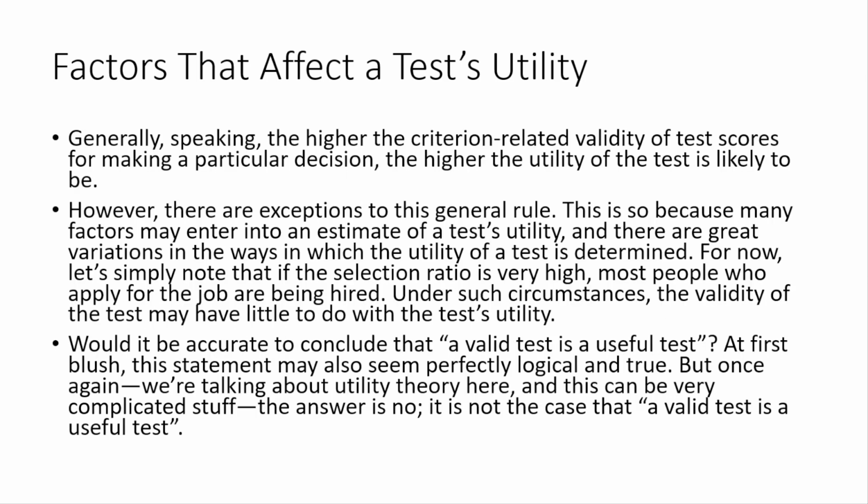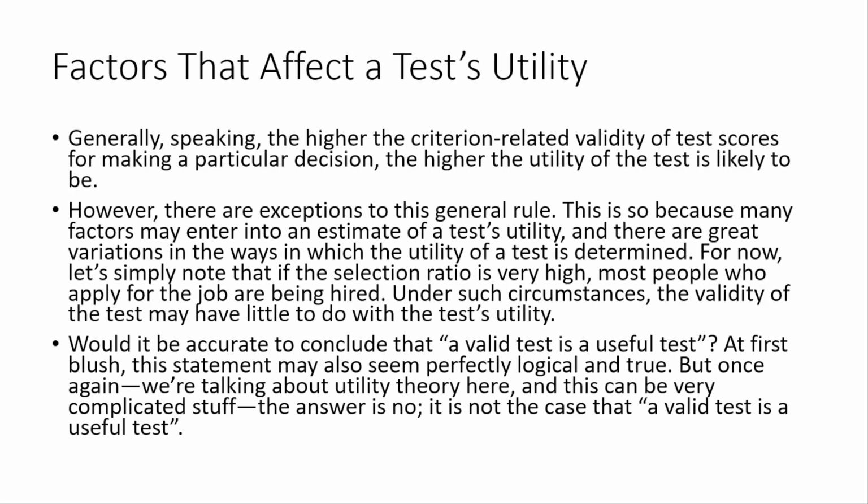Generally speaking, the higher the criterion-related validity of test scores for a particular decision, the higher the utility the test is likely to be. So, that is your rule of thumb. If the criterion-related validity is high, the utility is also high. There are exceptions to this general rule.